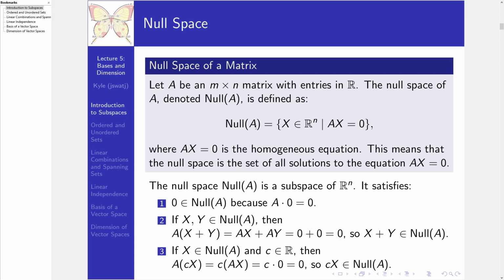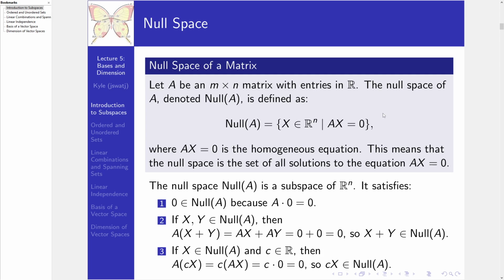He writes the null space in terms of matrices here. So the null space of A, for an M by N matrix with entries in R, is all of the vectors that take it to 0. He writes vectors as capital letters here. I personally wouldn't write it like that, but I followed the notation and concepts of the book pretty closely.